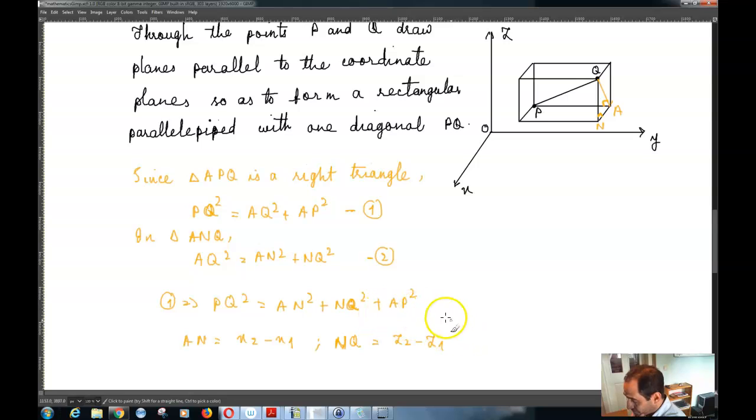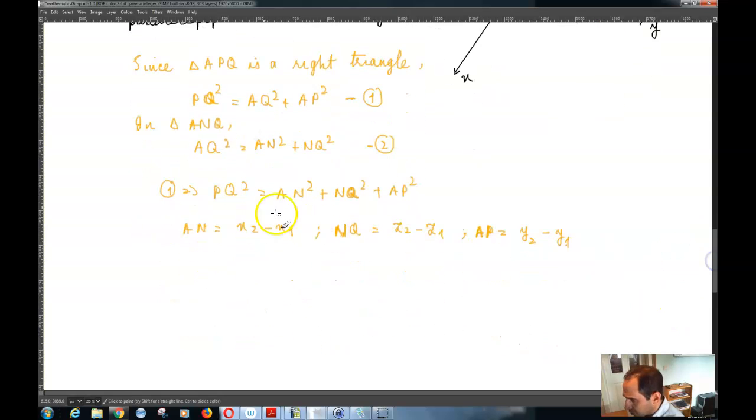And AP: over here you can see that the difference is in the Y coordinate of the 2 points. The X coordinates of the 2 points are the same, and the Z coordinates are the same. The only difference is in the Y coordinate. So here I can write y2 minus y1.